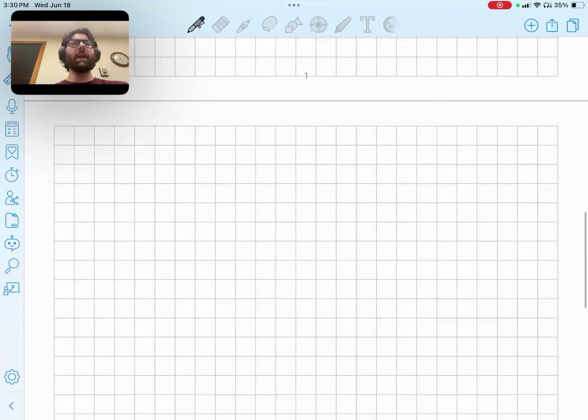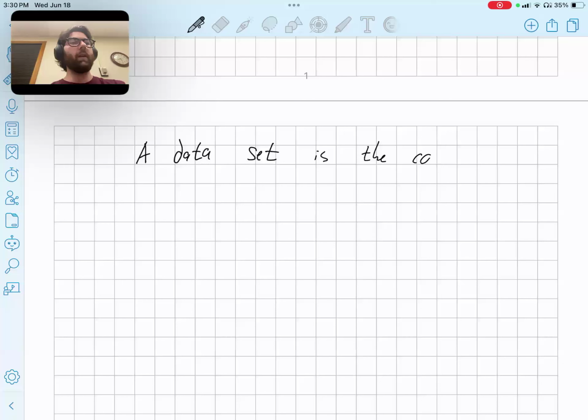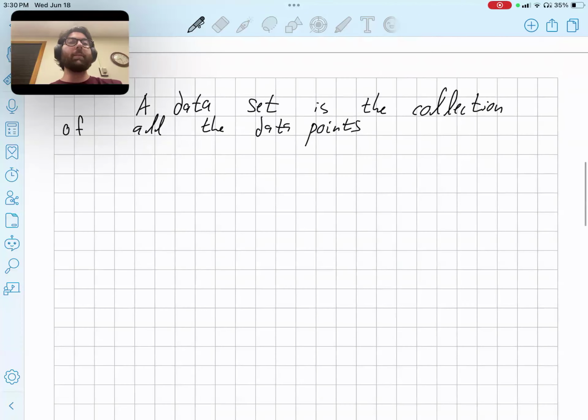And so something like a data set or a data list, a data set, is the collection of all data points.